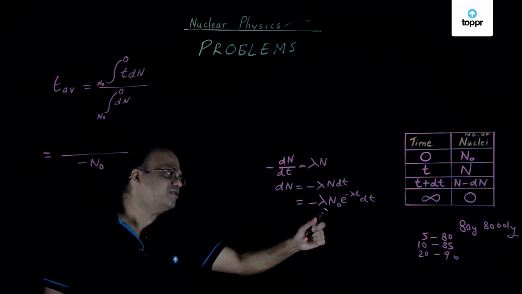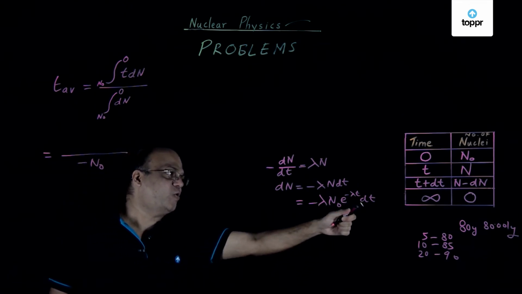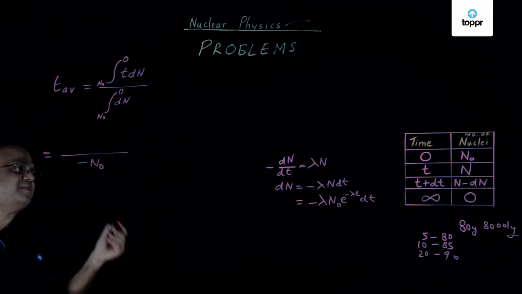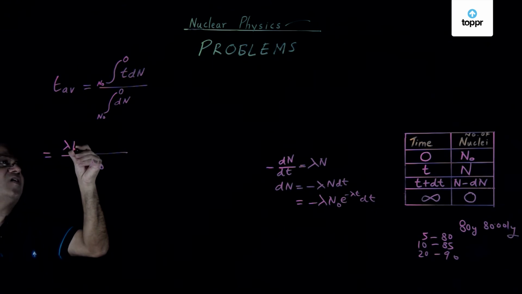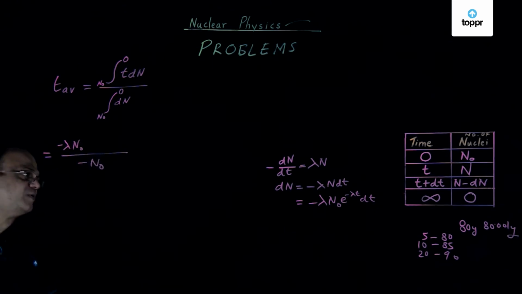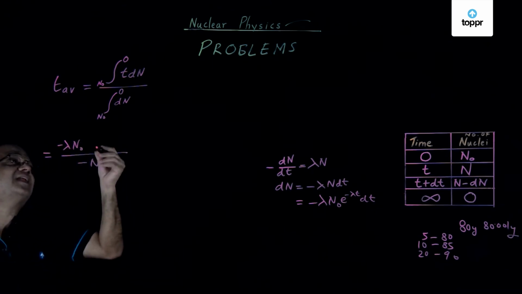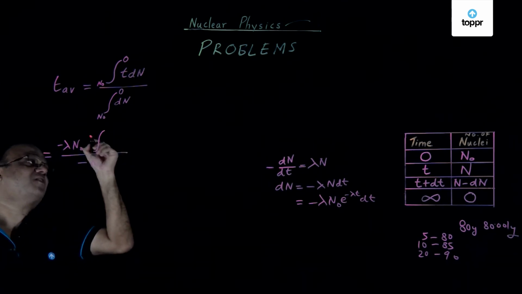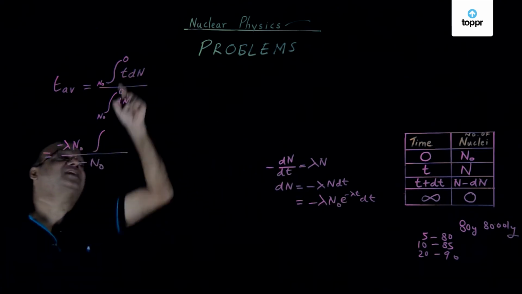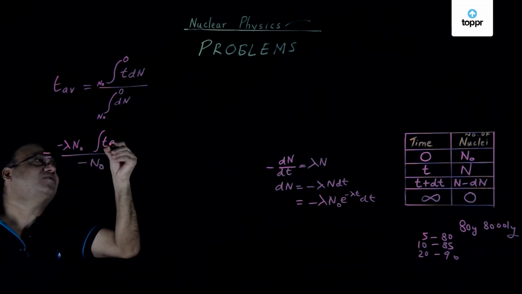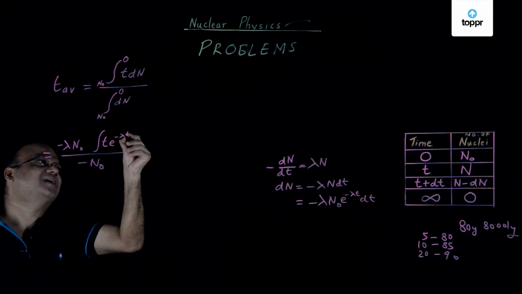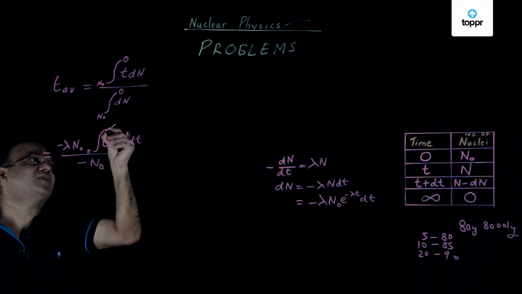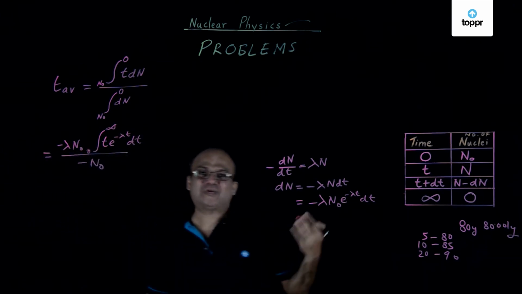Here lambda is a constant, n naught is a constant. Only variables are these things having t. So lambda and n naught, along with the minus sign, we can keep out of the integration. And we get integration of t e to the power minus lambda t dt, and that we integrate from 0 to infinity, because time varies from 0 to infinity.